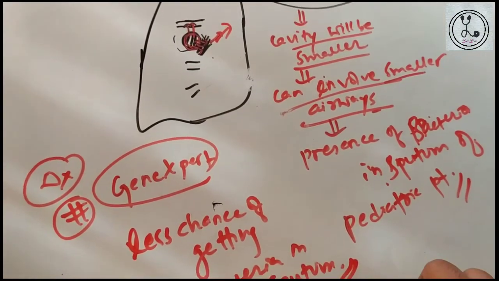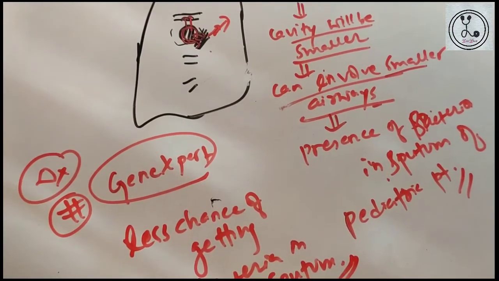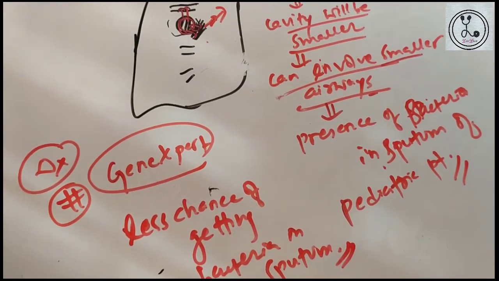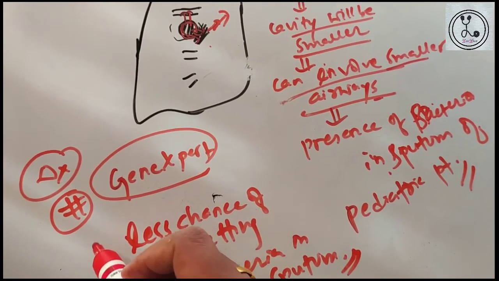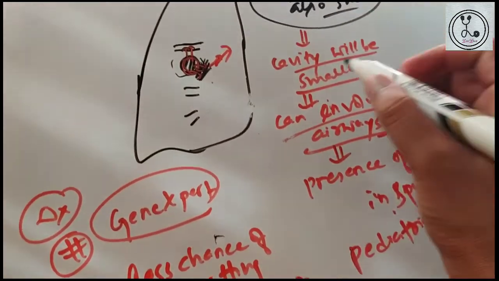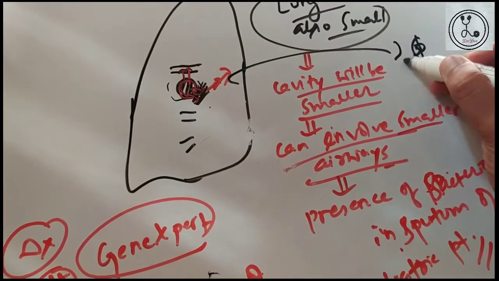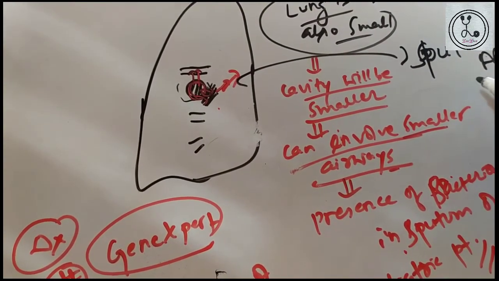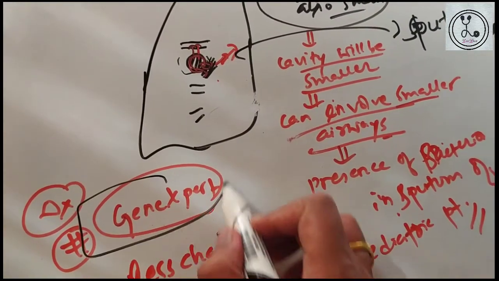But if they do involve, then there can be bacteria in the sputum, and if they do not, then there is less chance of getting bacteria in the sputum. That is why sputum AFB can be done, yes, sputum AFB can be done if the gene expert test is not available.